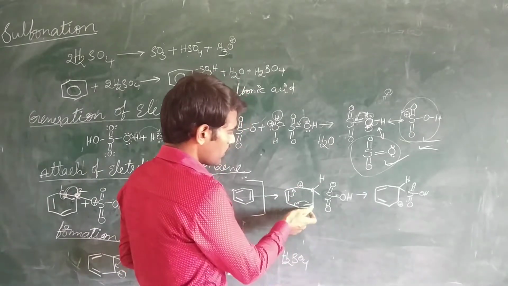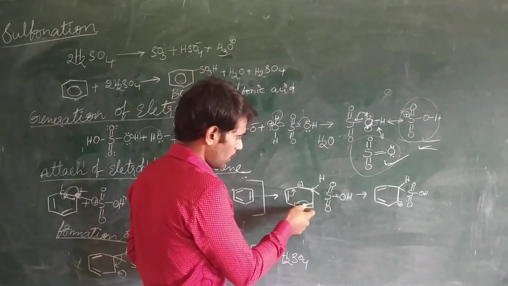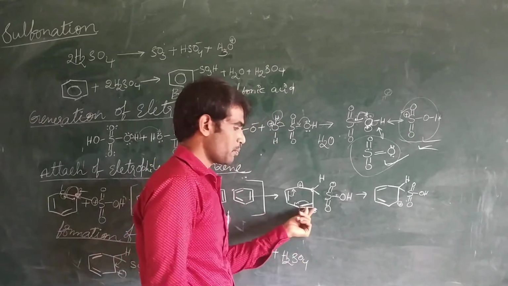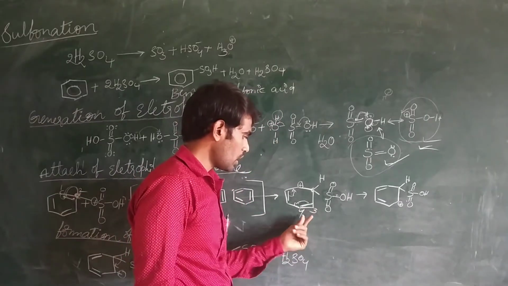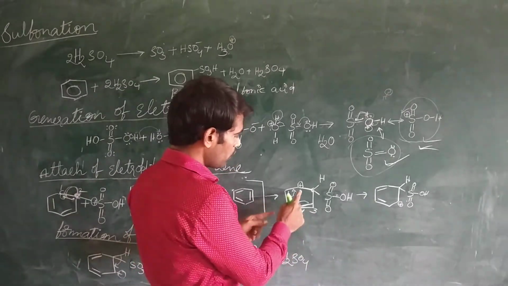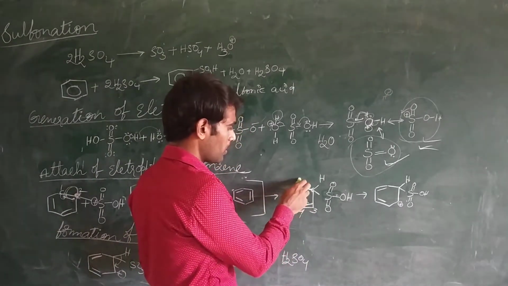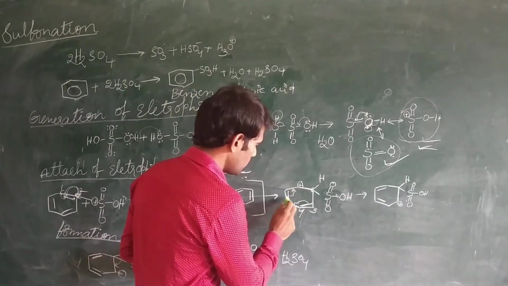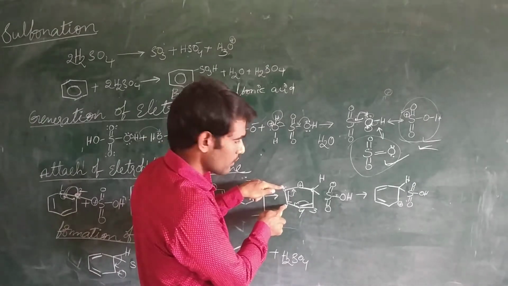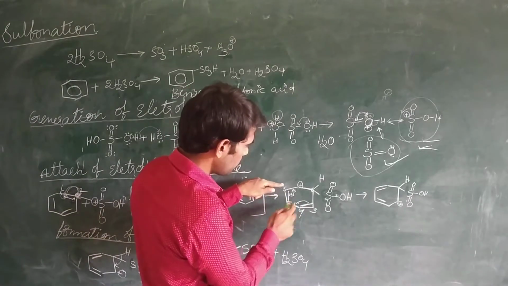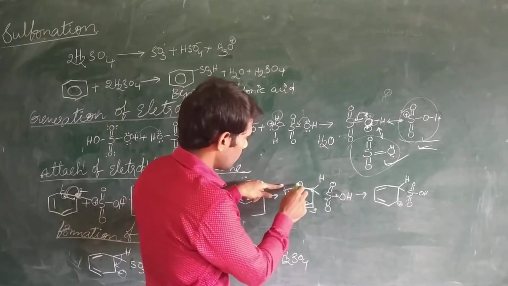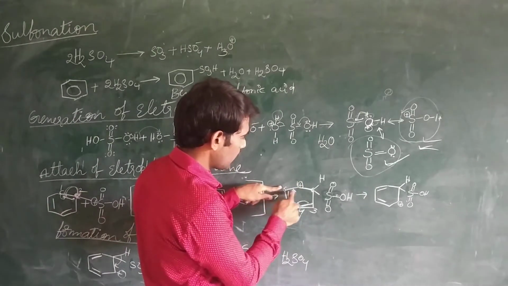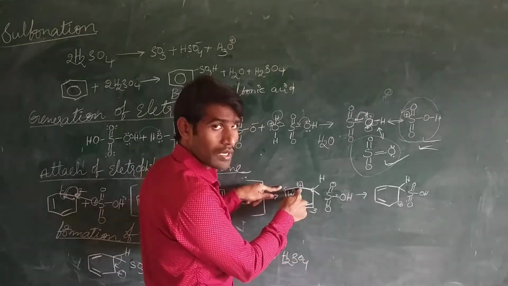Now what happened? This pair of electrons is shifting. Actually, the pi electrons are there between the third and fourth carbon. Due to the presence of positive charge on the first carbon, the pi electrons between the fifth and sixth carbon, here we have the pi bond between the fifth and sixth. Adjacent to this sixth carbon, the first carbon suffers a lack of electrons.